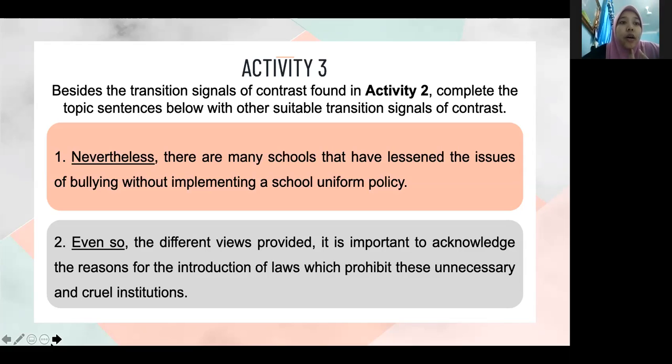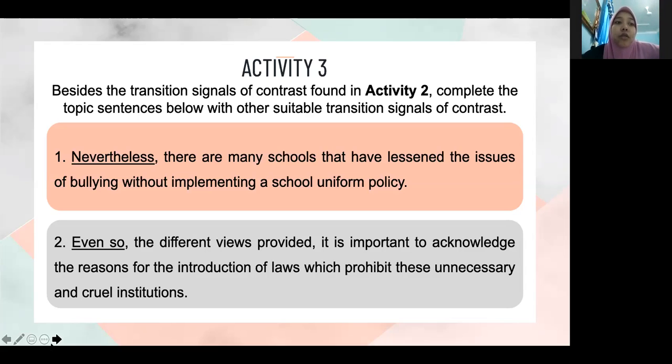For question 1, I choose nevertheless as transition signal. Nevertheless, there are many schools that have lessened the issues of bullying without implementing a school uniform policy. So why I choose nevertheless? Because nevertheless is the conjunction adverb for transition signal.